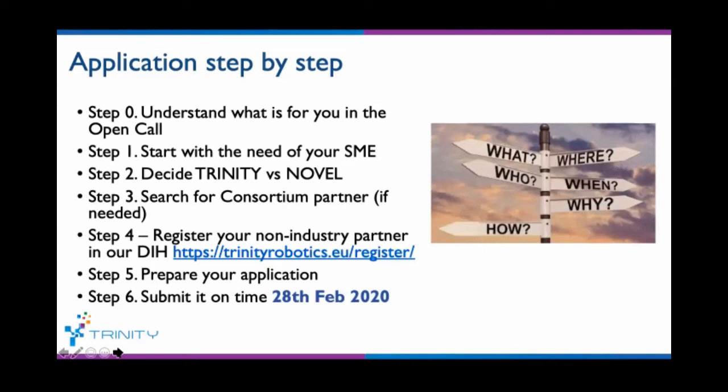If you are searching for a partner, you can send us the profile of a competence center or partner that you are searching for to complement your consortium, and then we may try to see if we have someone aligned with your needs in our networks. And then, of course, we're going to do that matchmaking connection. This is just growing little by little, step by step. We have just started, but nevertheless, we are willing to do it for you.